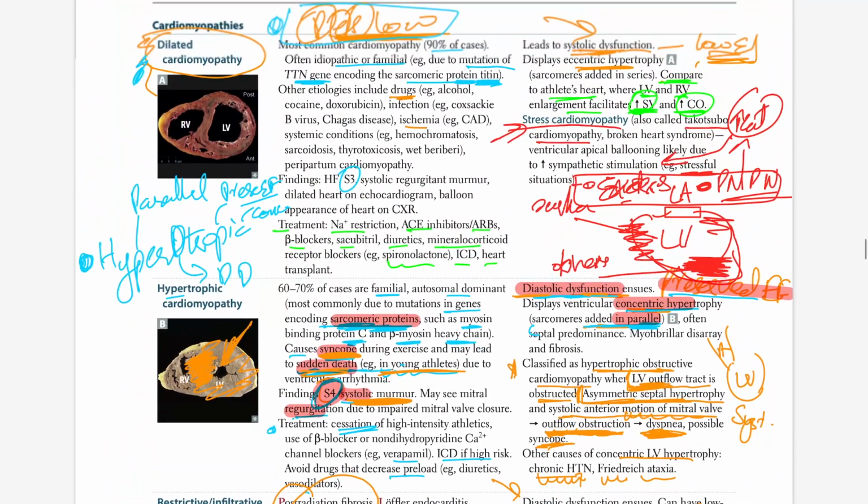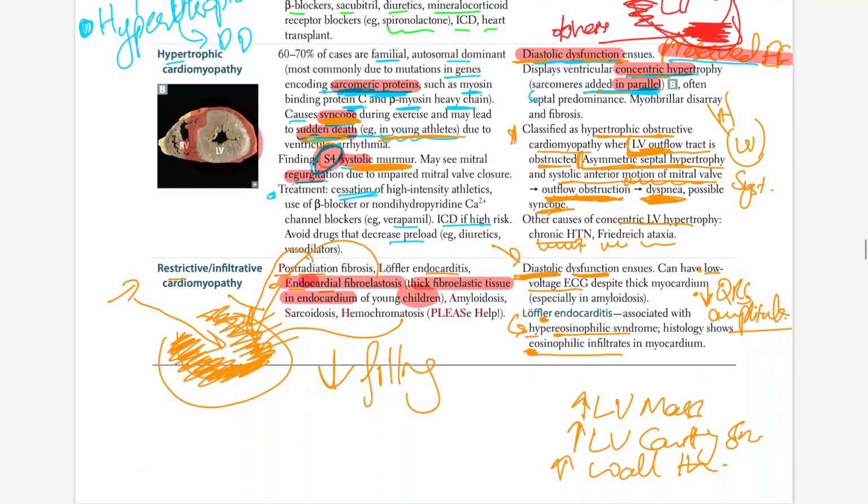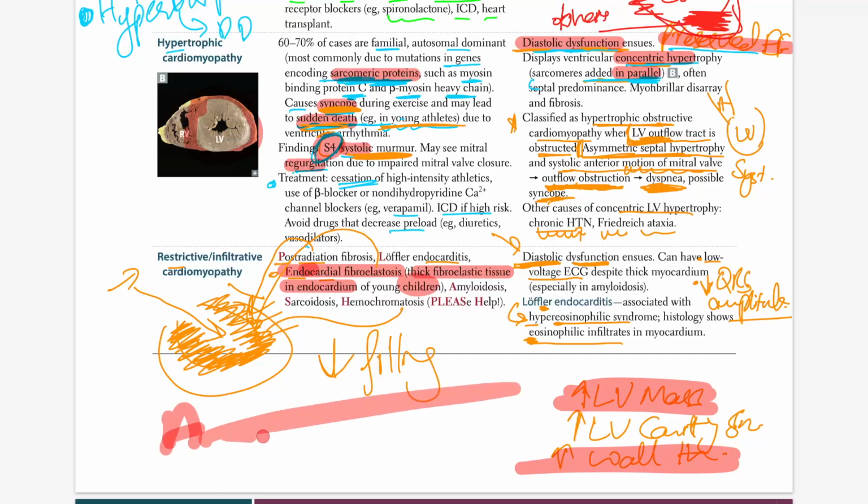So here, if you look at these two pictures, you see the cavity size increased in dilated. In hypertrophic, what do you see? You see muscle size is increased, which is your increase in left ventricular mass, or an increase in wall thickness. So in the athlete's heart, you see both eccentric hypertrophy and concentric hypertrophy.